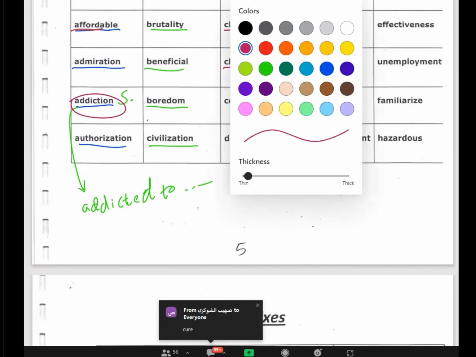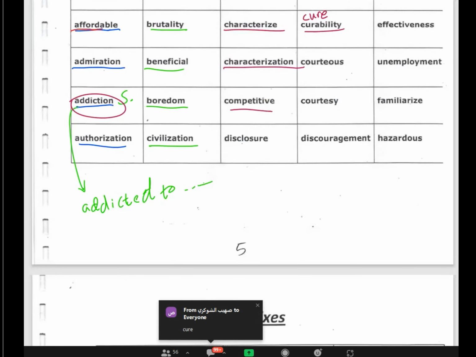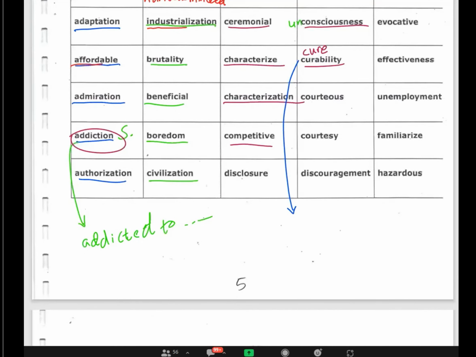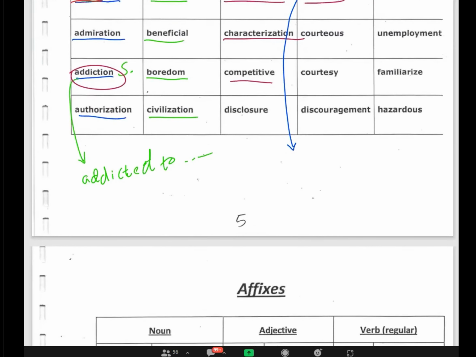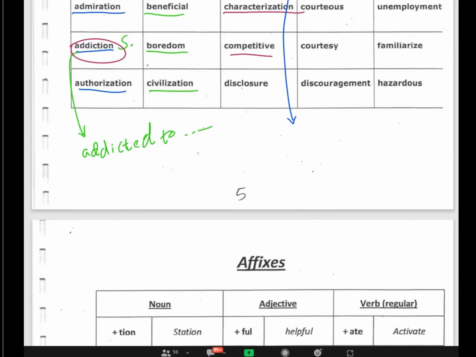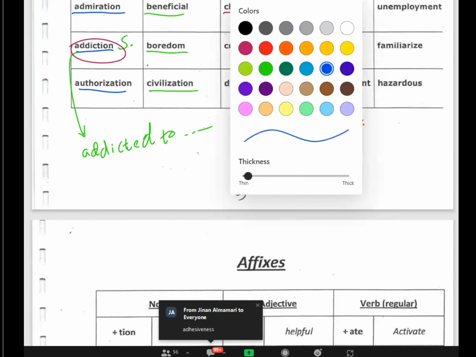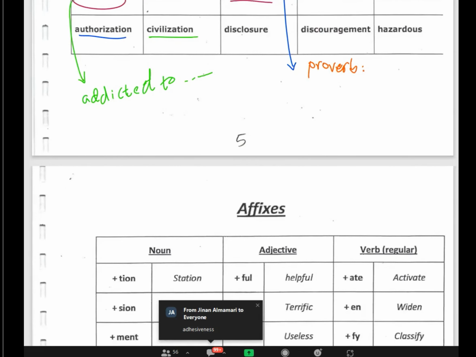There is a proverb in English that says, a proverb, you know what is a proverb? A proverb is a famous saying, a famous true saying.